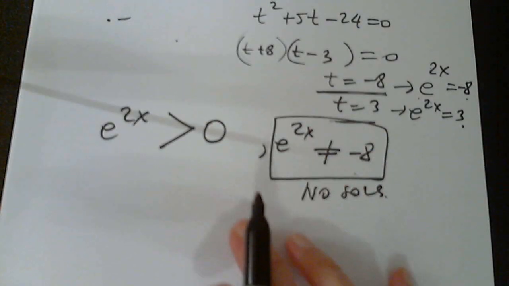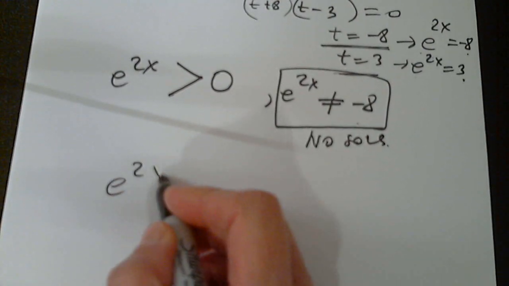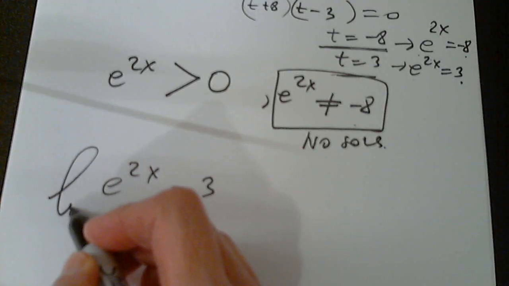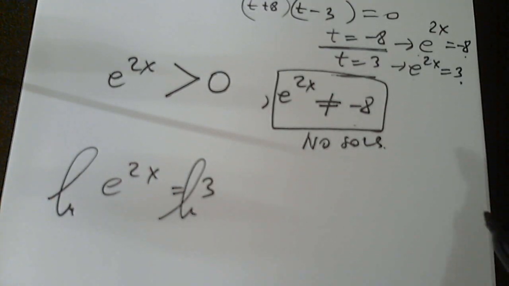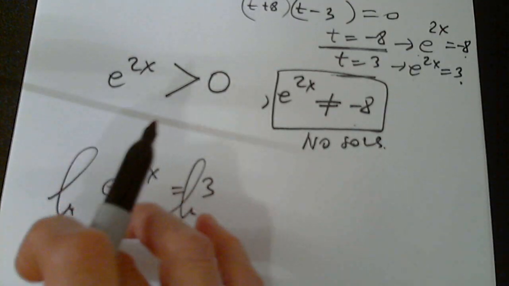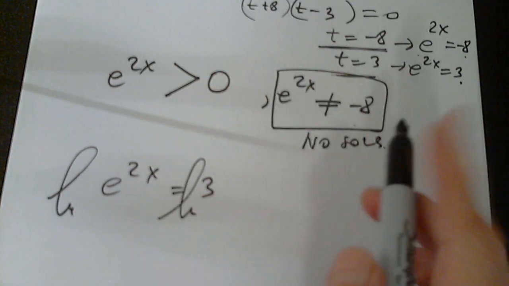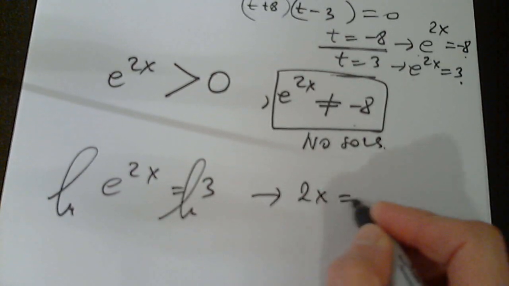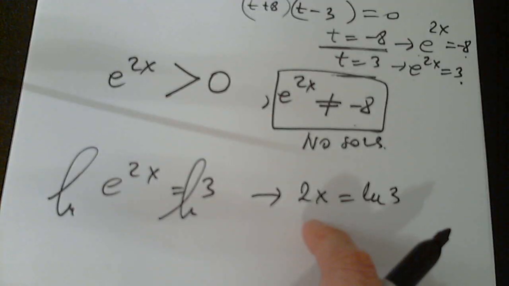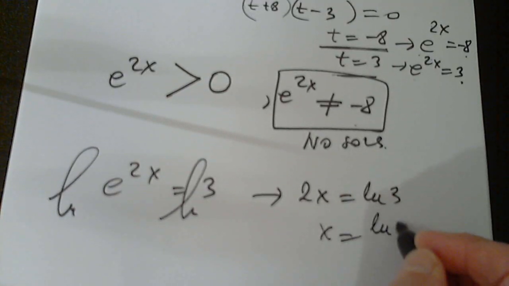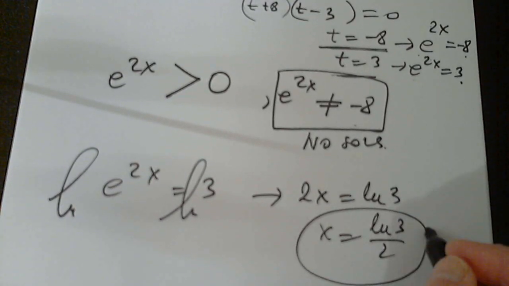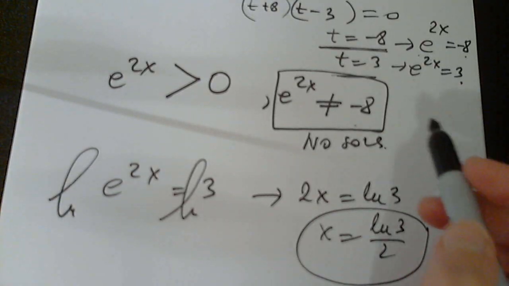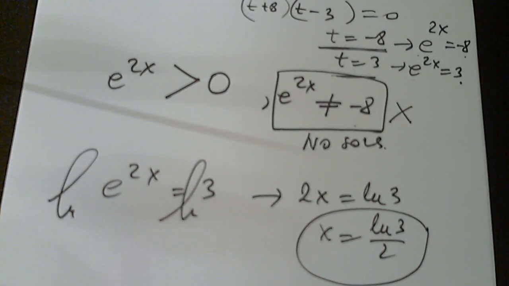The other one does. Because e to 2x equals 3, of course, we are going to apply natural log to both sides. We bring down 2x, and natural log e is 1. So 2x equals natural log 3, and I have to divide by 2. And this happens to be the only solution. This one has no solutions.